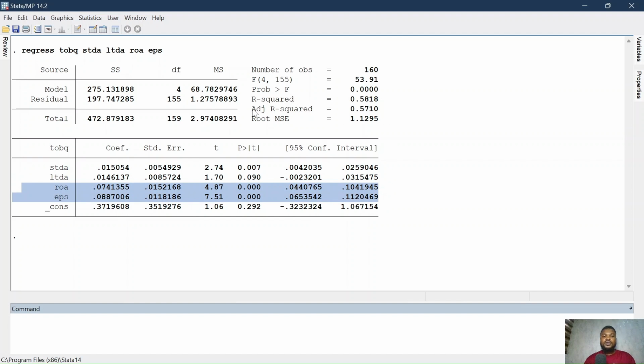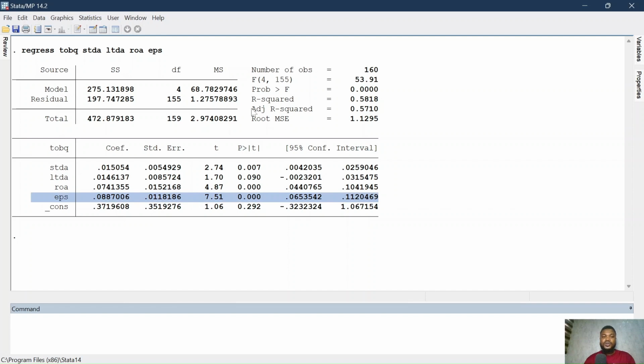In the case of the adjusted R square, I find that it has a value of 0.5710. This indicates that about 57% of the changes to Tobin Q is as a result of adding one more additional independent variable.